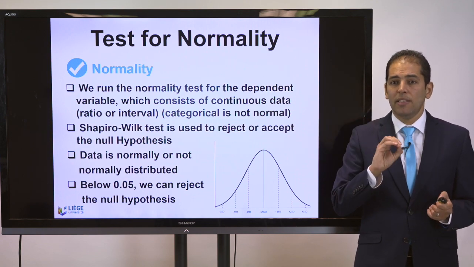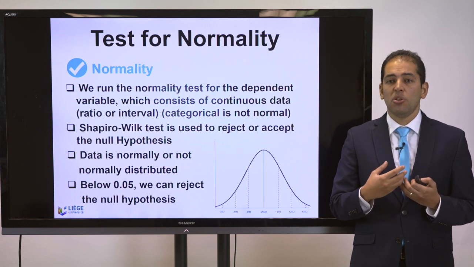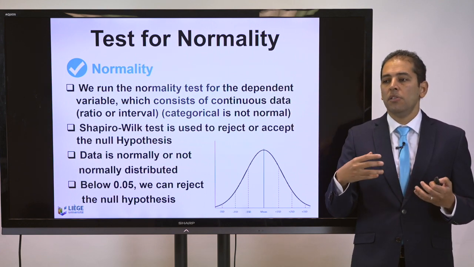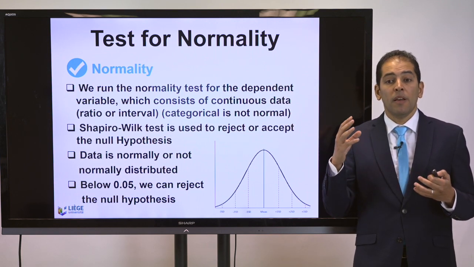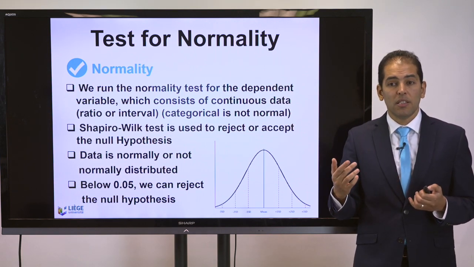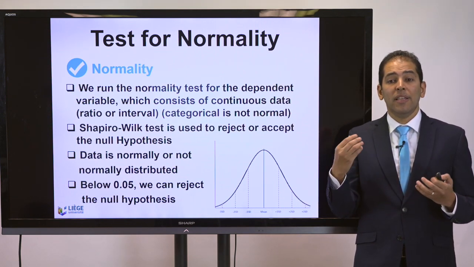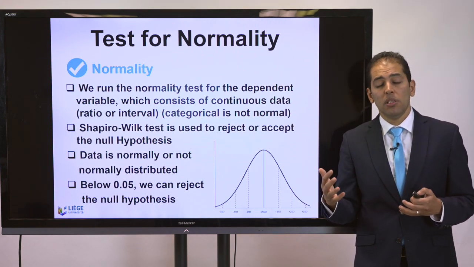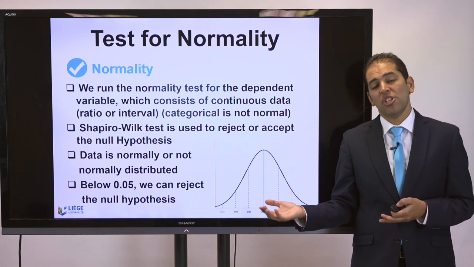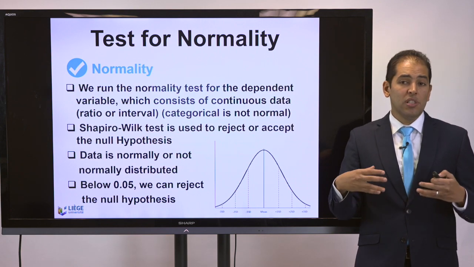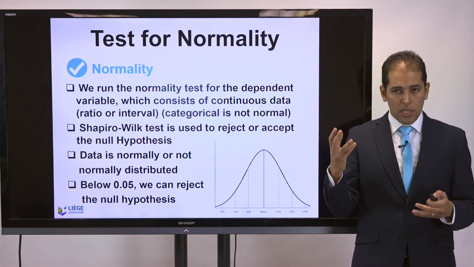The common test that we can use for our null hypothesis, which you can find in different software like R, Python, and statistical software, is the Shapiro-Wilk test, which is used to reject or accept the null hypothesis, and data is normally or not normally distributed in this case. Below 0.05, we can reject the null hypothesis. So actually there is a standard protocol, a standard procedure for the null hypothesis test, and here is how you can use it.